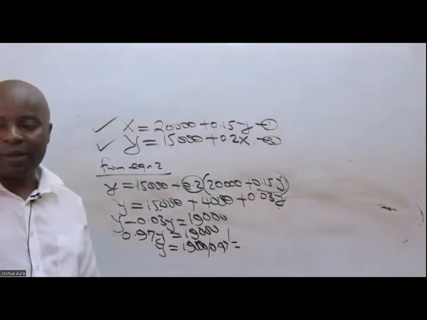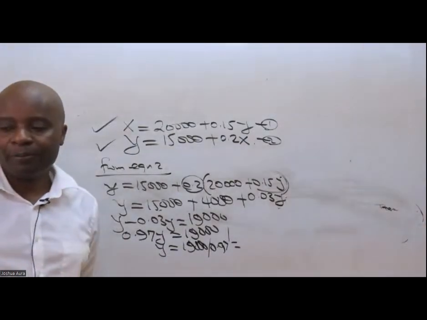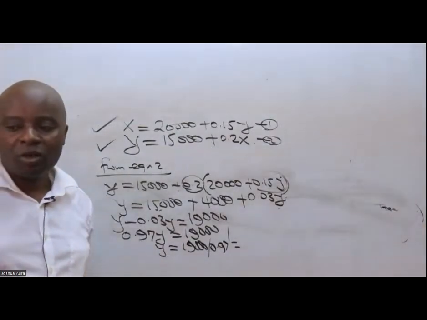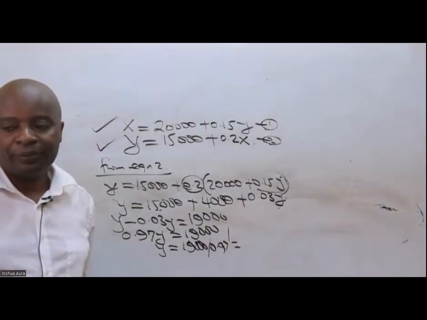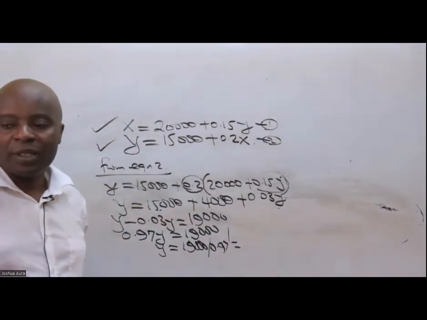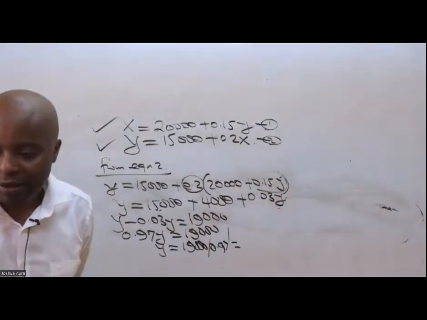Somebody? 19,000 over 0.97 will end up being equal to 19,587.